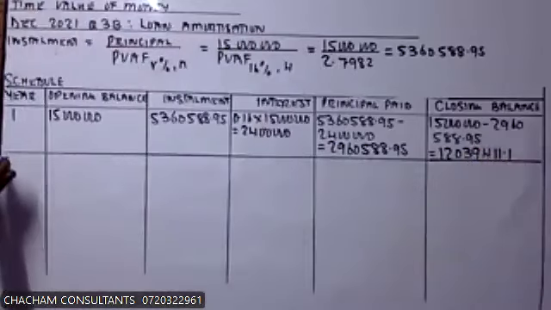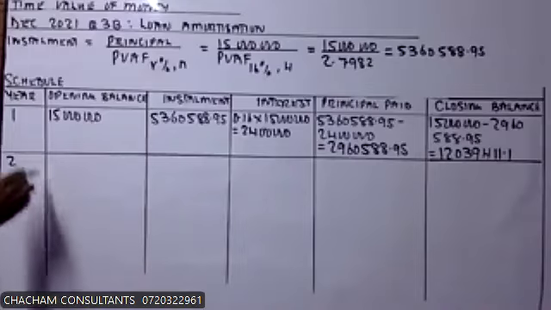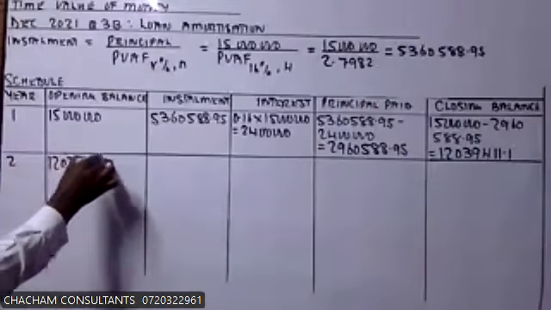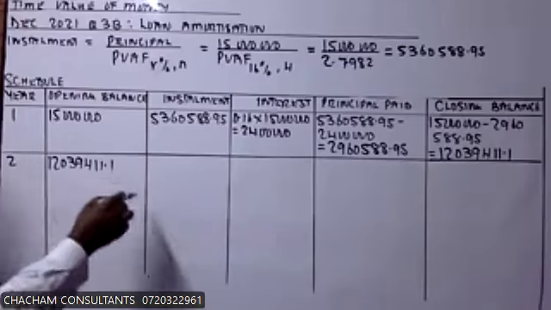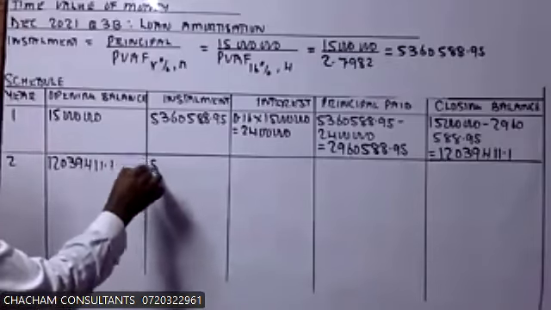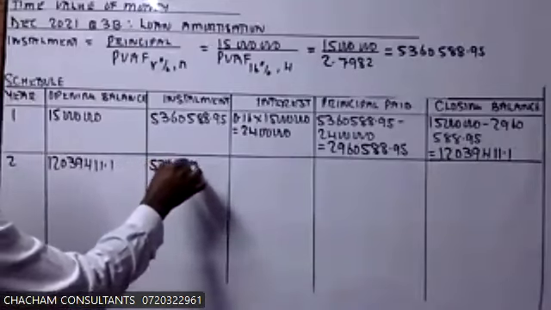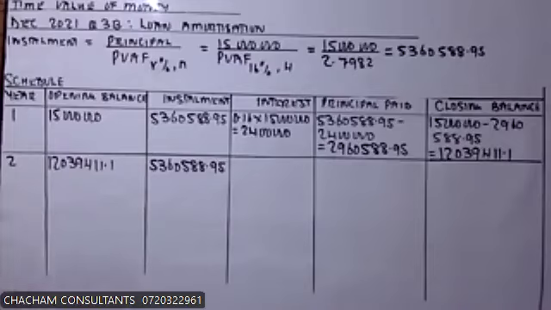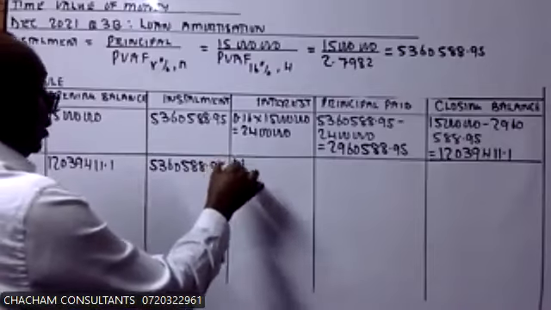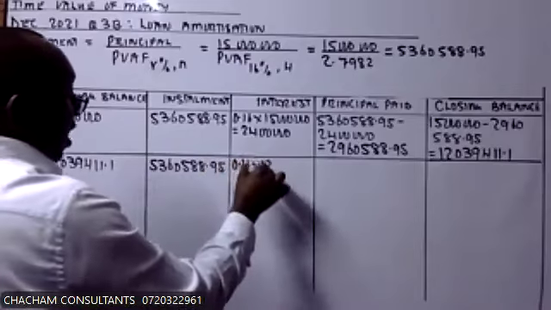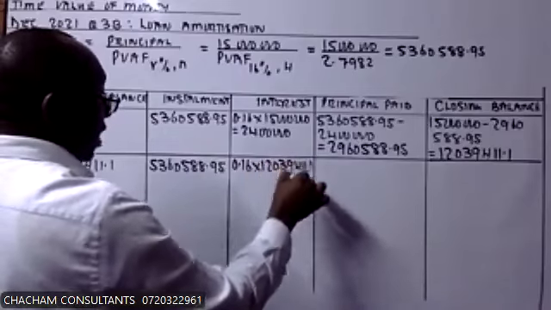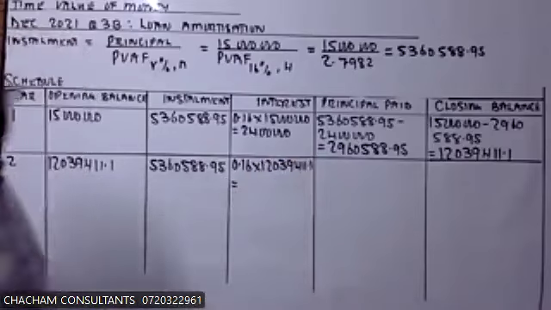Let's go to the second year. You open with 12,039,411.05. The installment still remains. But now the interest will be 16% of this. Let's confine ourselves to 2 decimals.